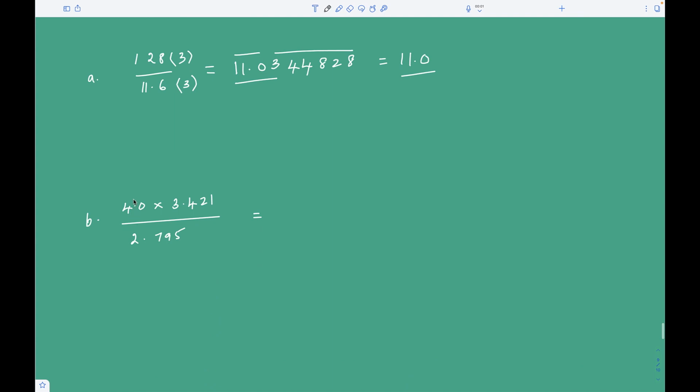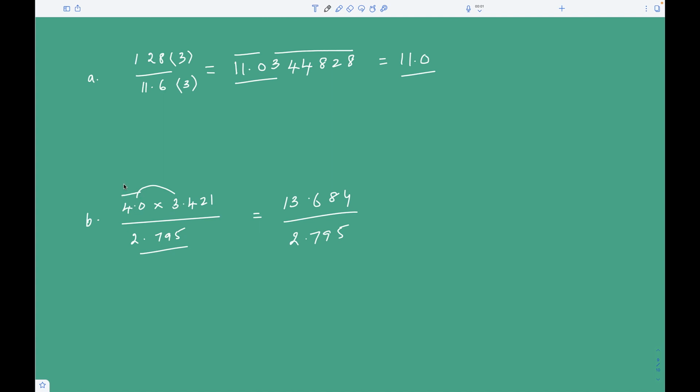And in this calculation, we are asked to multiply these two and divide the result with this one. So again, this is a multi-step calculation. So don't round the results of the intermediate steps. First, let us multiply these two. When you multiply these two, you would get 13.684. You have to divide that with 2.795.